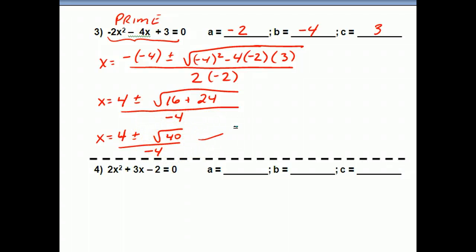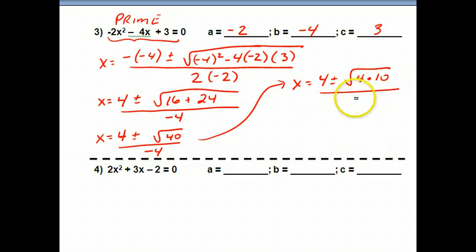You've got to ask yourself what numbers multiply to 40, and what I'm trying to look for is one that has a perfect square in it. So if I go 4 times 10, I can see that 4 is a perfect square. So the square root of 4, I can take that perfect square out.